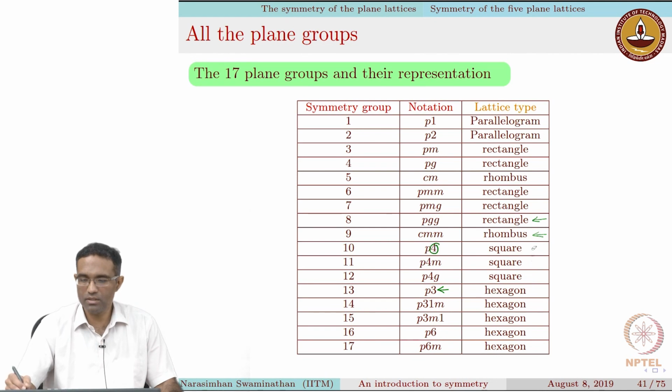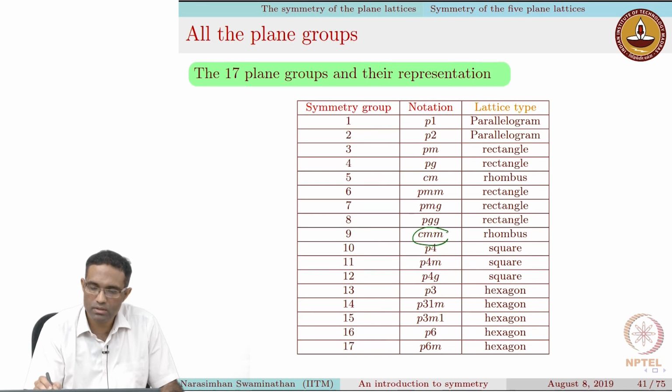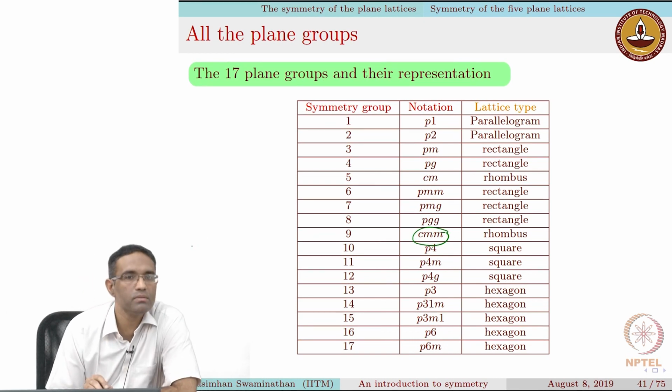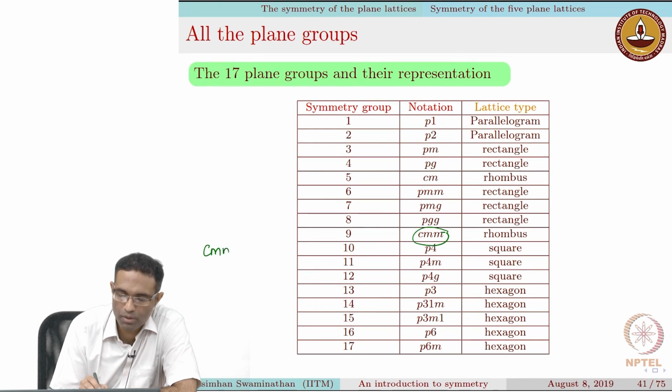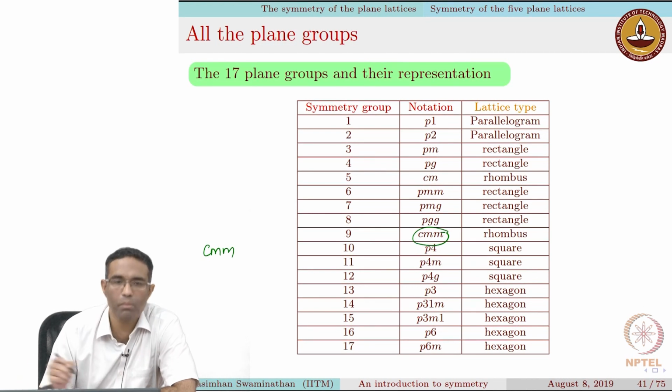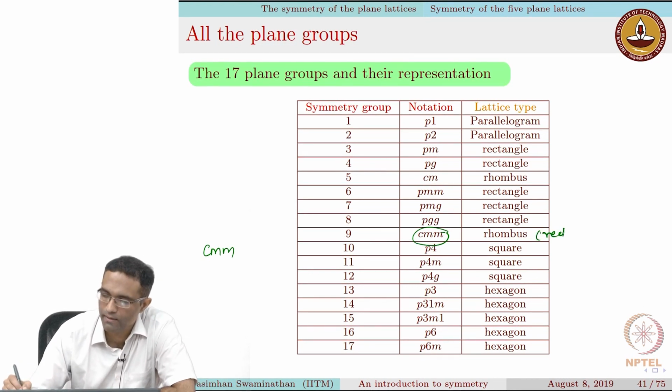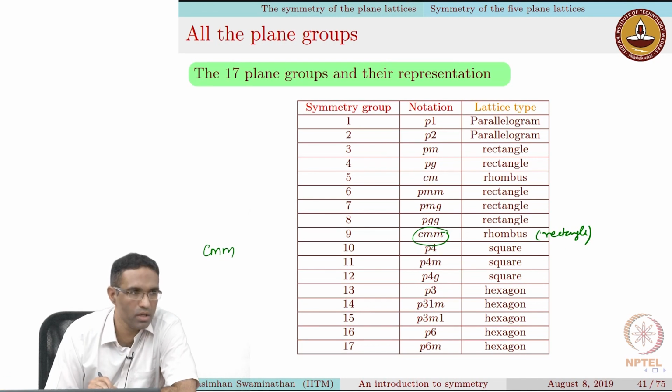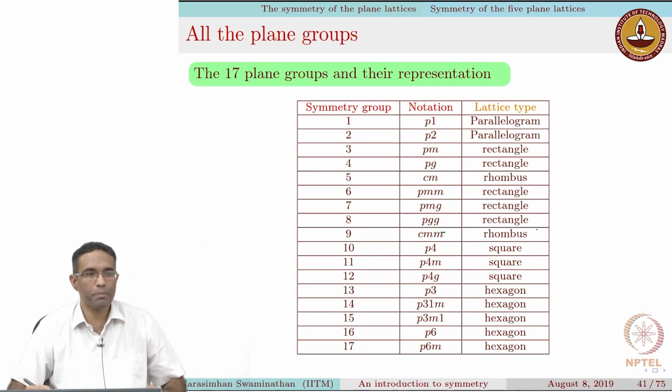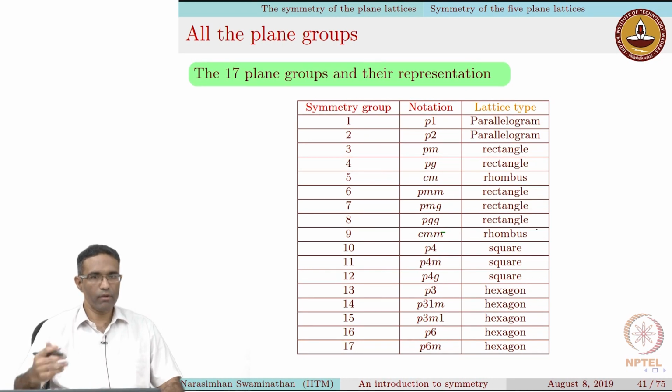So if somebody were to tell you that some planar crystal has the space group CMM, unless you actually knew that you could use a rhombus or maybe even a rectangle to generate this structure, it would not be possible for you to actually study it in more detail, right? So that's the main purpose of the first module of this course. We have to look at it even in 3D, right? We are not interested in 2D crystals, we want to look at 3-dimensional crystals.